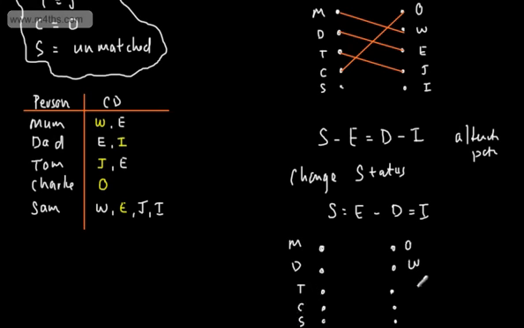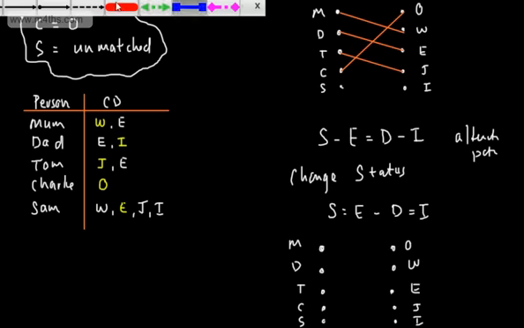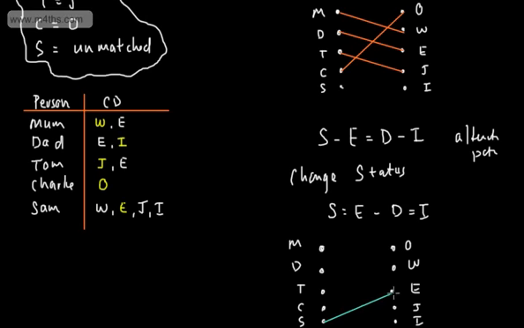O, W, E, J, and I. We need to be careful with this. So this is going to be S to E. We've got D to I. We've still got from the original one, M to W. We've got T to J, and C to O.